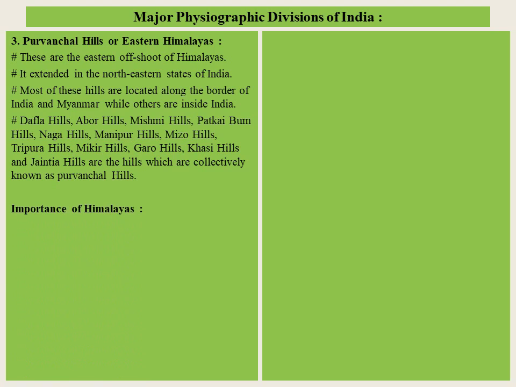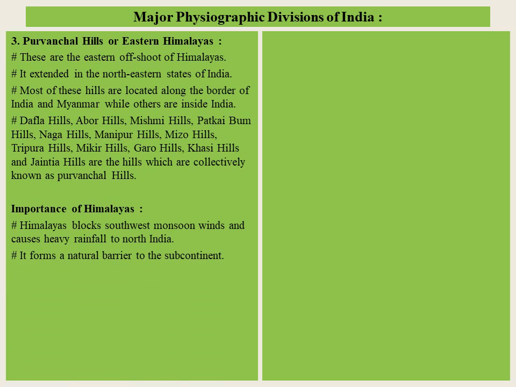We are giving the importance of India's Himalayas. They block southwest monsoon winds and cause heavy rainfall in North India. They form a natural barrier to the subcontinent. Also, they are the source of many perennial rivers like the Indus, Ganga and Brahmaputra.